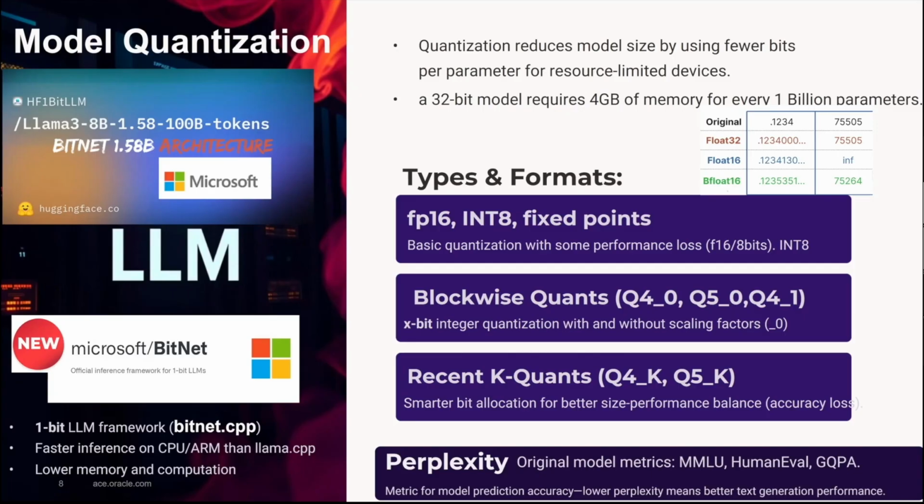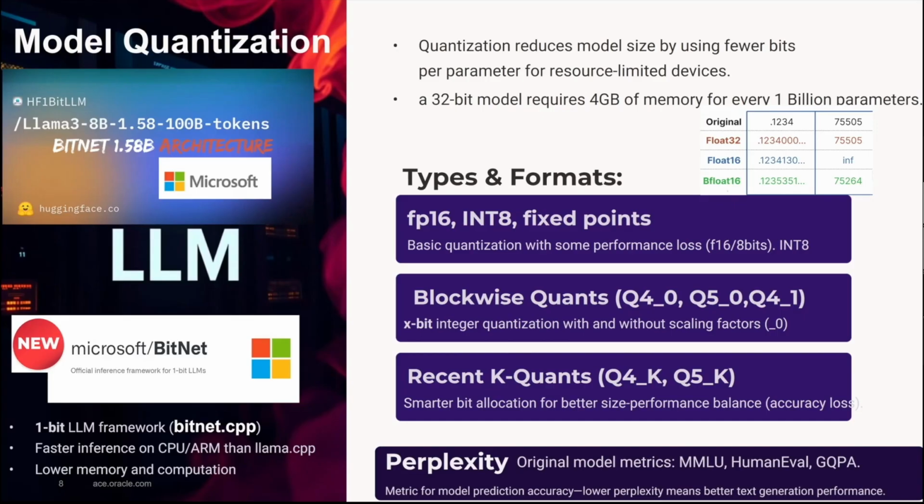They claim that it's faster in terms of inference on CPU and ARM chips than llama.cpp, which is yet to be confirmed. And they have lower memory and computation. As you can see here on top, Llama 3 8B, they quantized it into 1.58 bits. So you already have examples of it. This is really encouraging.